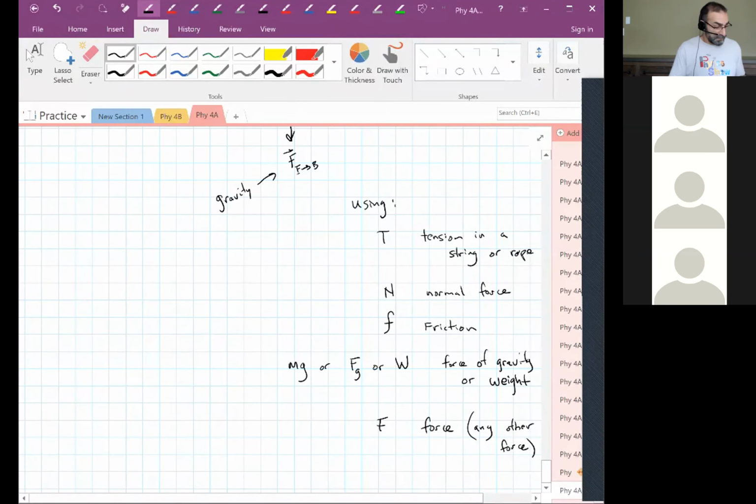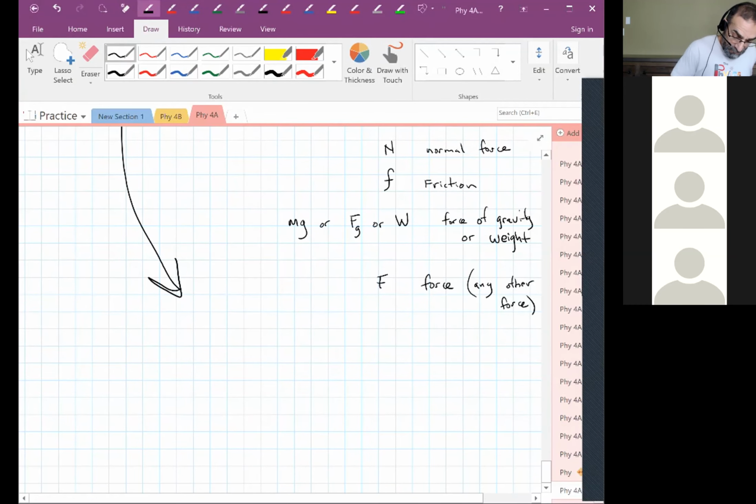Okay. So if we redraw this, we would get a force from person A acting on the block. We would get tension in the rope acting on the block. See, that's a little more helpful: you see the T there and you immediately think rope or string.